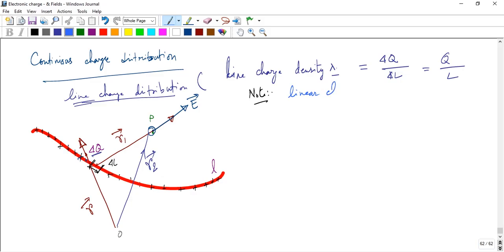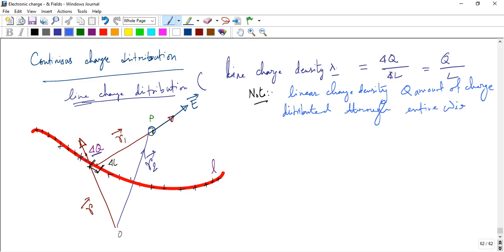Density here means charge per unit length: the amount of charge Q distributed through the entire wire.